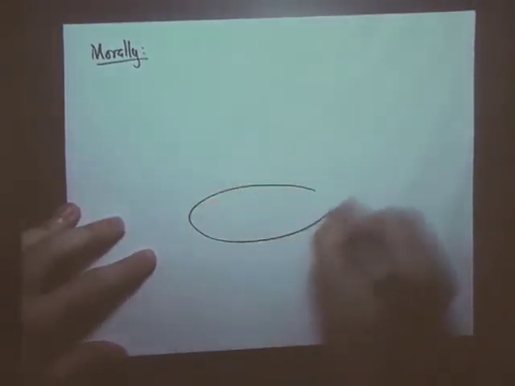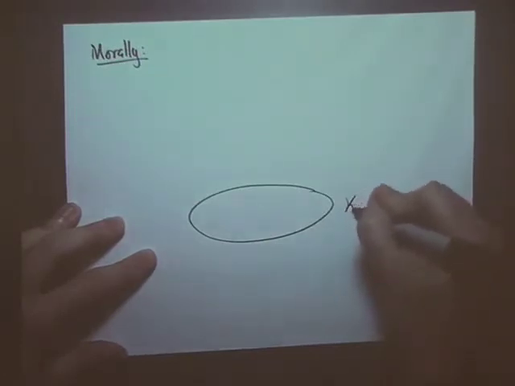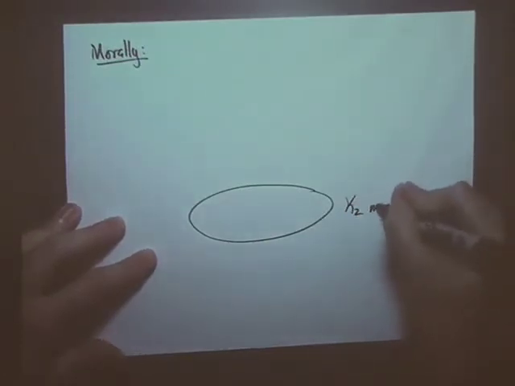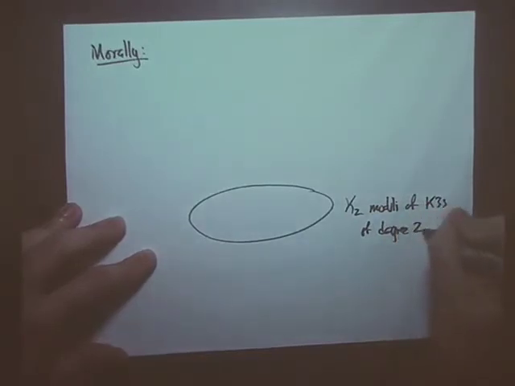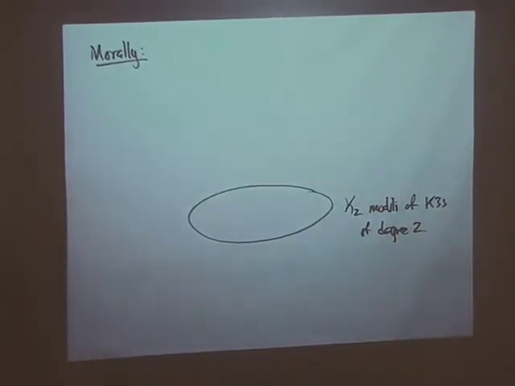This is going to be the moduli of K3s of degree 2. You can use the period domain to try to build some coarse moduli space. You'll have to mod out by some orthogonal group, and it's complicated. Let's not get into that.